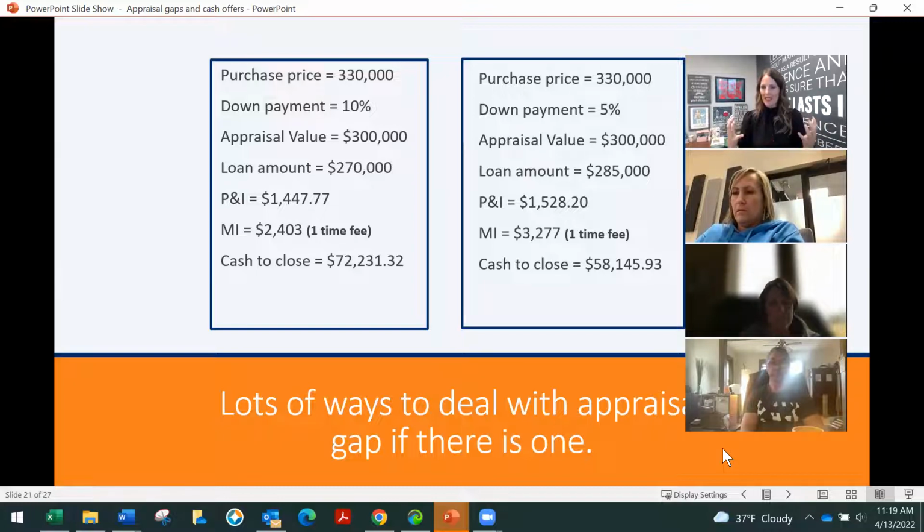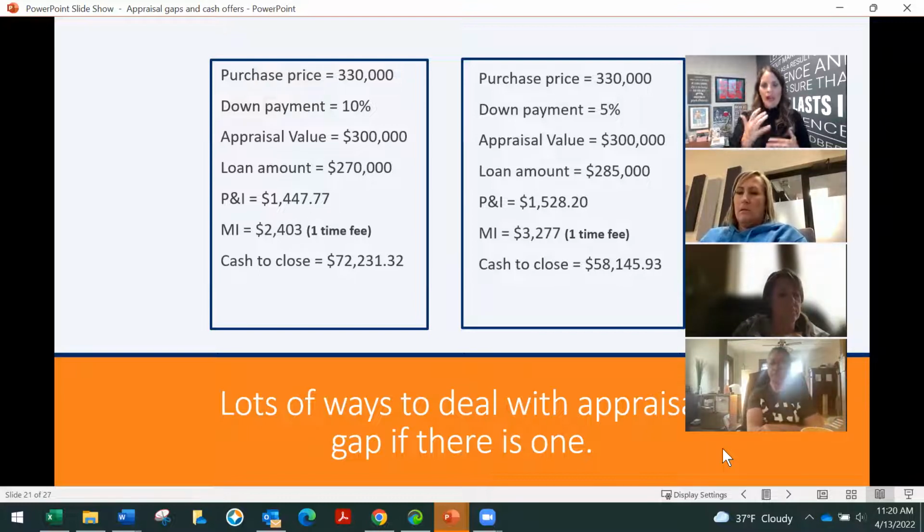Does that all make sense? So that's why I tell people, if you're doing 20% down, you should cover full appraisal gap, period. Because there's no way that our appraisal is going to come in. It could come in, in this case, literally almost 40 grand low and be just fine.